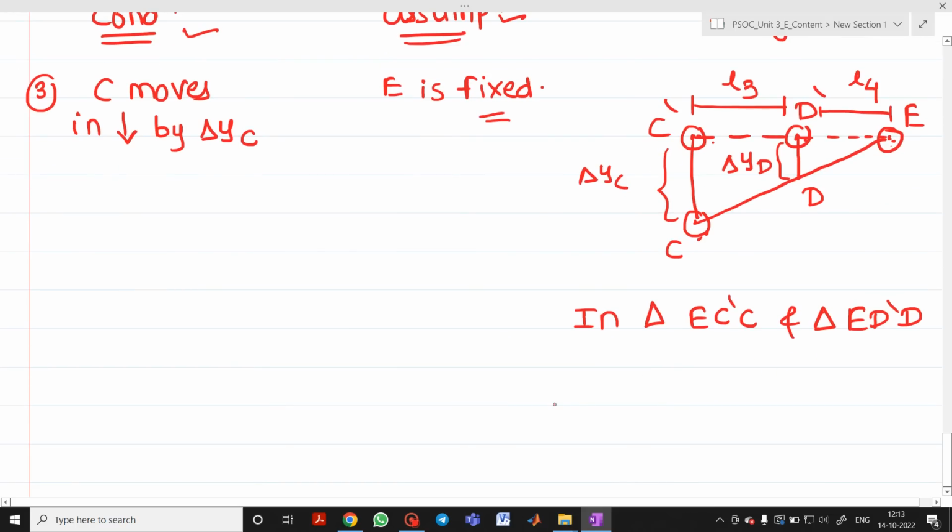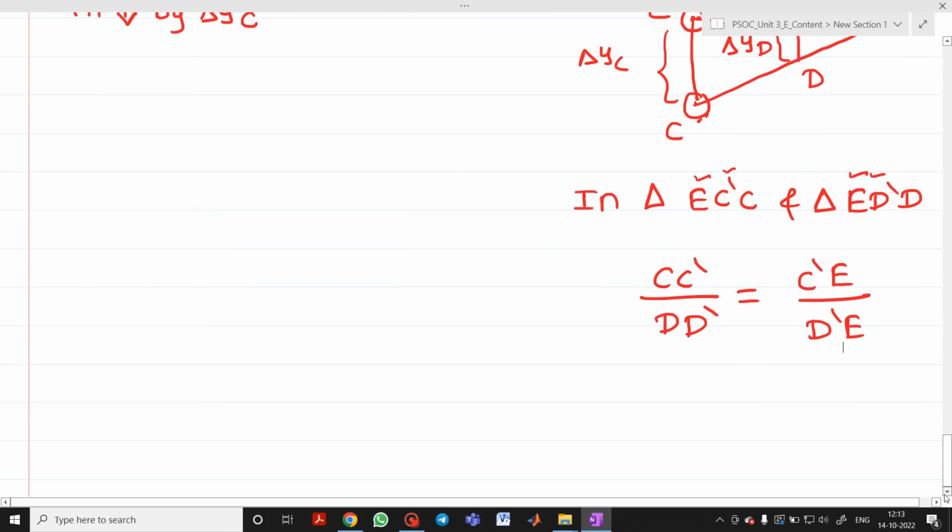Can I write it like this? C C dash upon D D dash will be equal to C dash E upon D dash E.